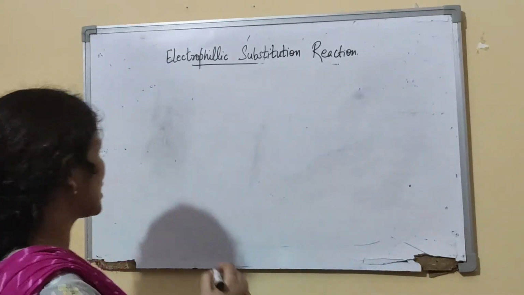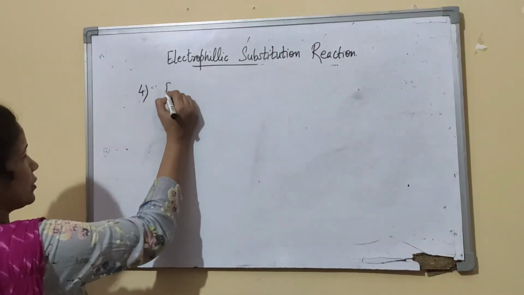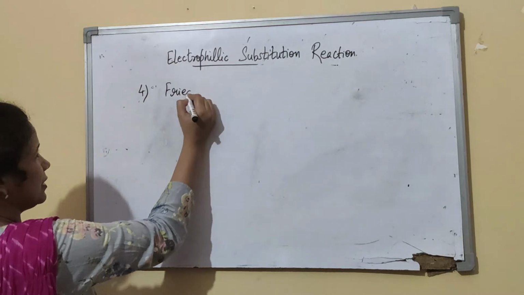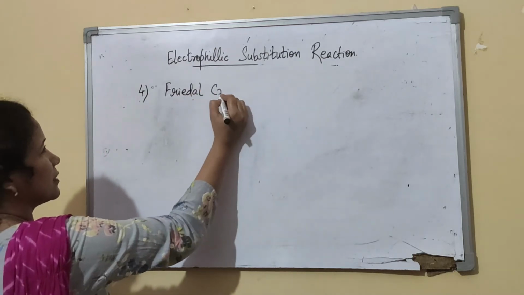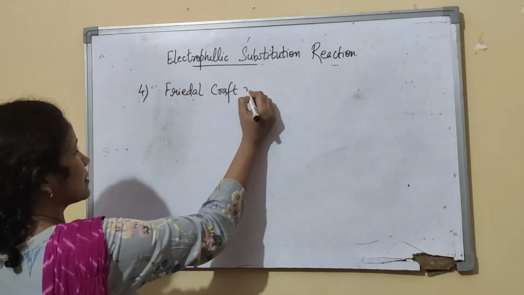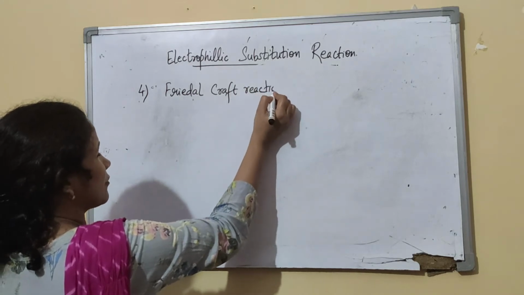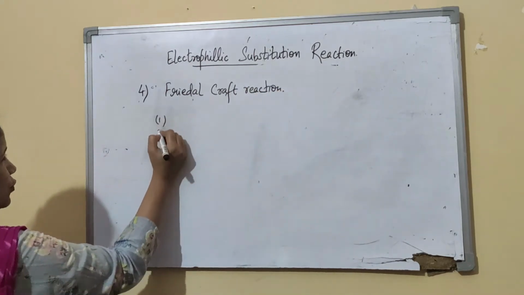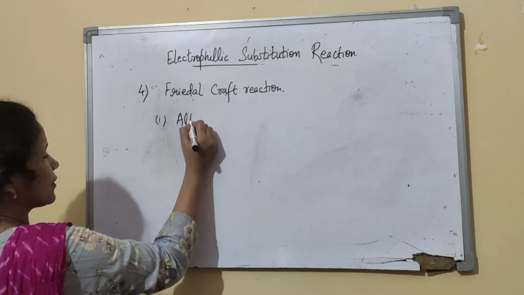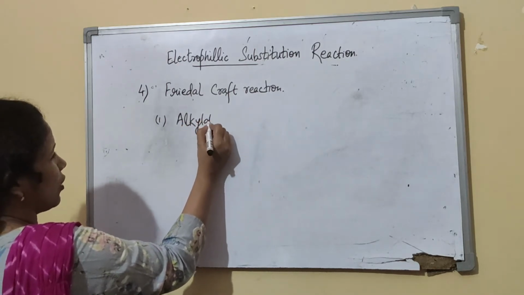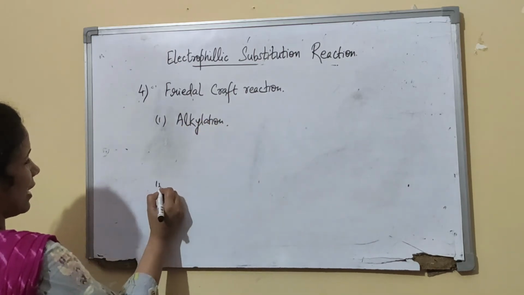So comes the next reaction that we will just categorize as 4. We call it the Friedel-Crafts reaction. Friedel-Crafts reaction can again be of two types. It can be Friedel-Crafts alkylation or Friedel-Crafts acylation.